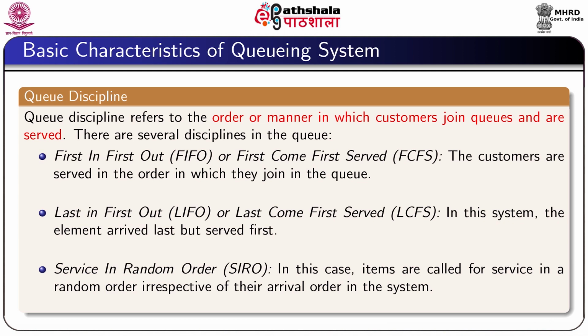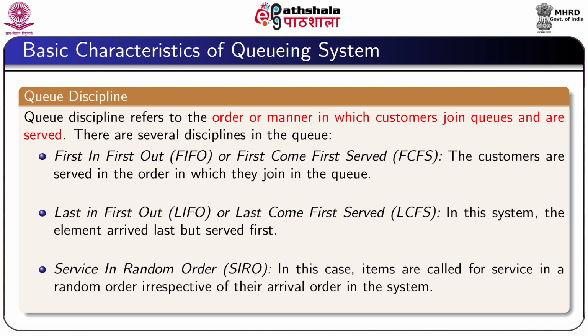Queue discipline. Queue discipline refers to the order or manner in which customers join lines. It describes the method used to determine the order in which customers are served.